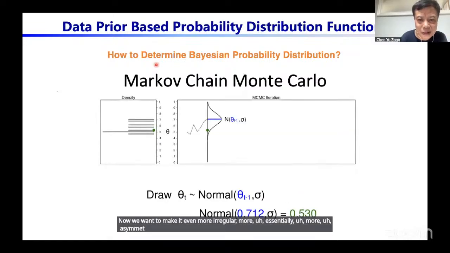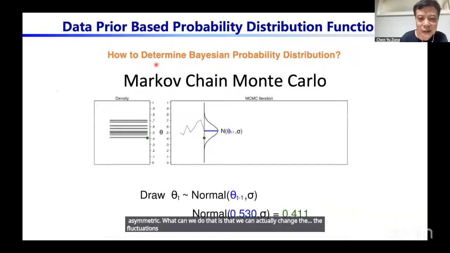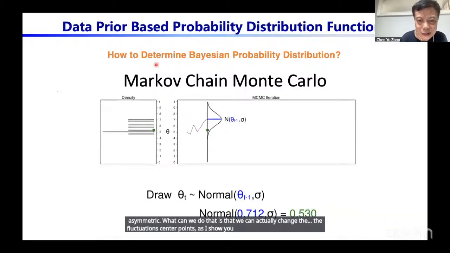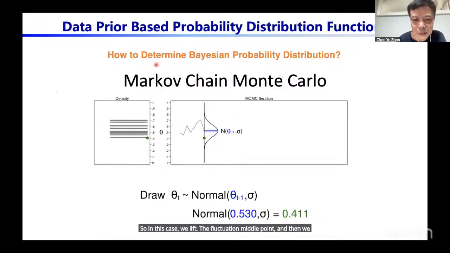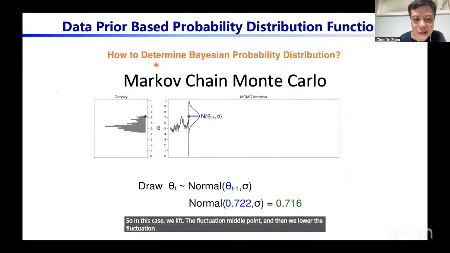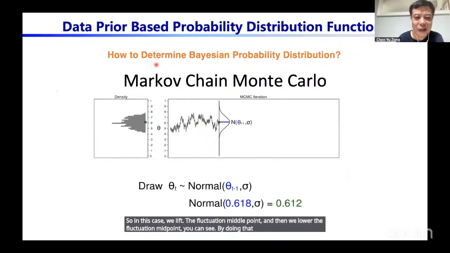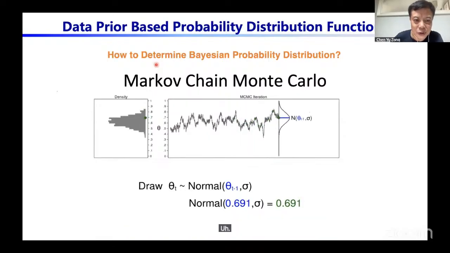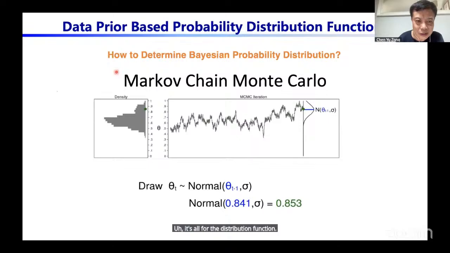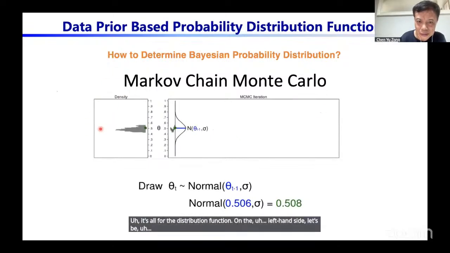What we can do is change the fluctuation center points, as I show you here. In this case, we lift the fluctuation middle point, and then we lower the fluctuation middle point. By doing that, we generate a highly irregular shape of the distribution function on the left-hand side. Let me show you it again.